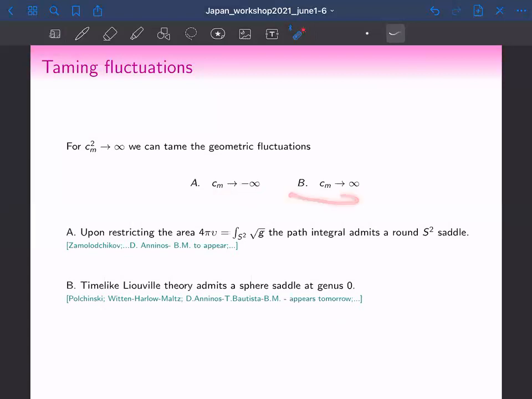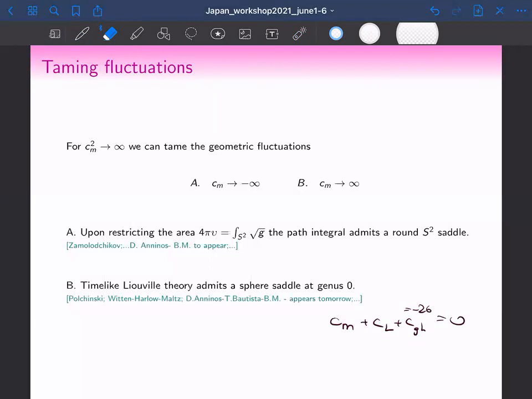The other point, B, is maybe something a little less familiar. I was telling you before that we have to avoid the conformal anomaly. We need to have the constraint C matter plus C Liouville plus C ghost, which is minus 26 here, equal to 0. But if C matter is going to be very, very big, C Liouville has to be very, very small. And a Liouville theory which has a very small central charge is basically Timelike Liouville theory.